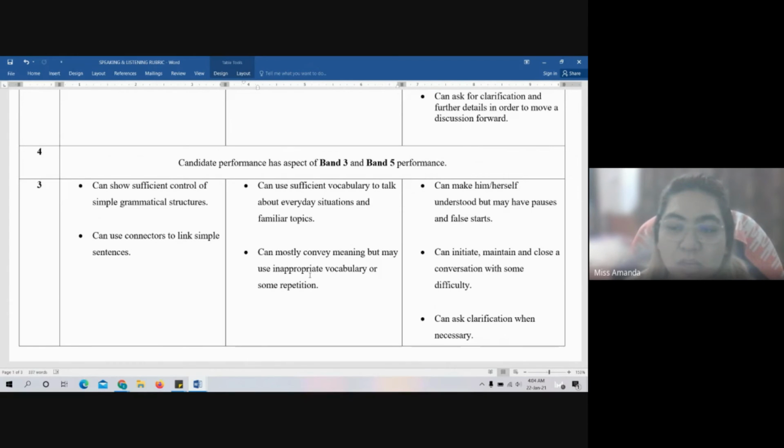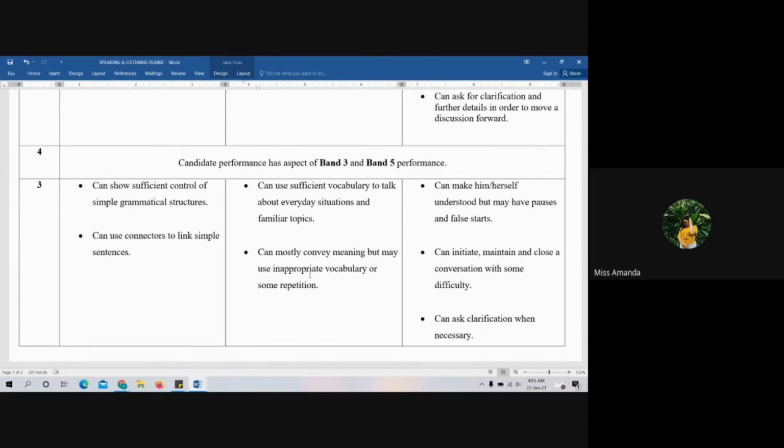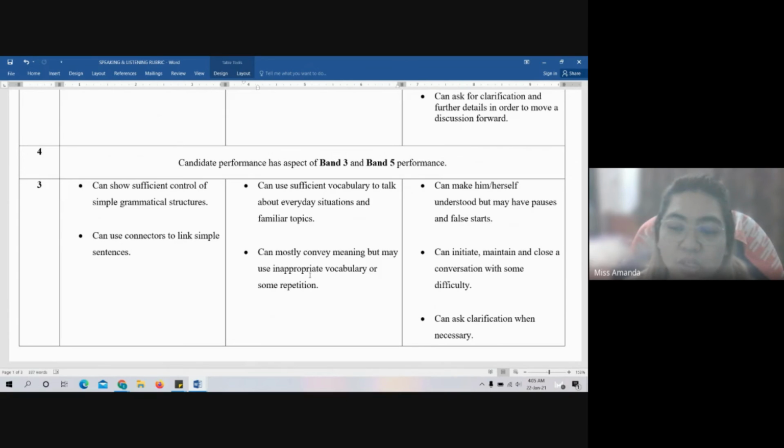And lastly, communicative competence: they make him or herself understood but may have pauses and false starts, and can initiate, maintain, and close a conversation with some difficulty, and lastly can ask for clarification when necessary.